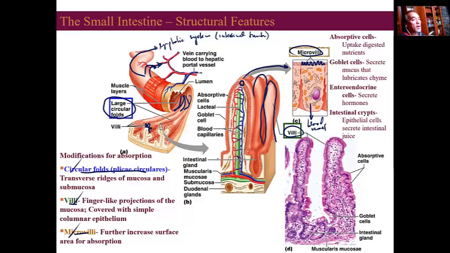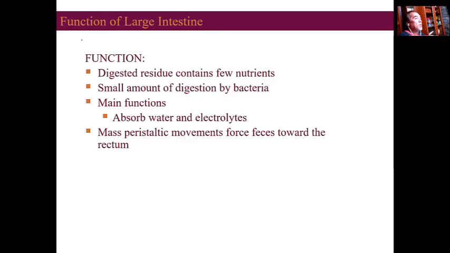So those are the things that I see in your small intestinal tract. Okay? So let's finish up with the large intestine. What is the large intestine for? It is where the digested residue or non-absorbable matter is passed on, and we call it feces.